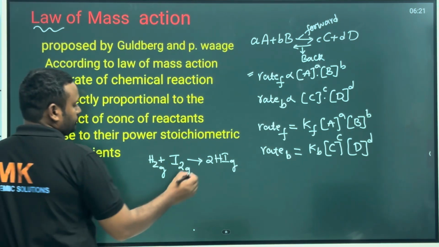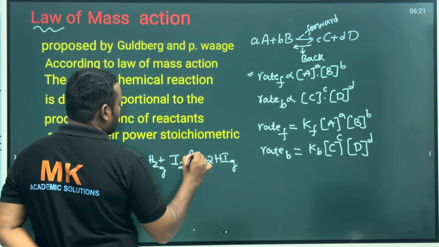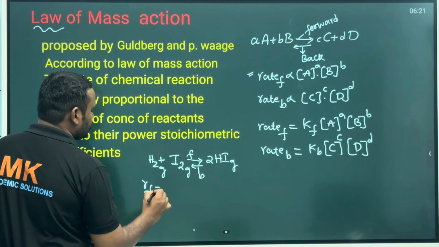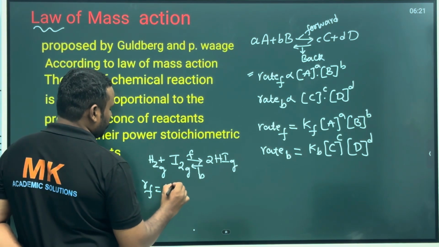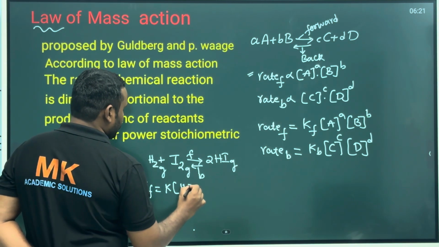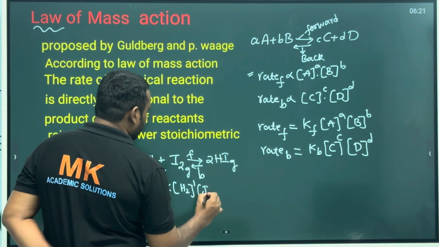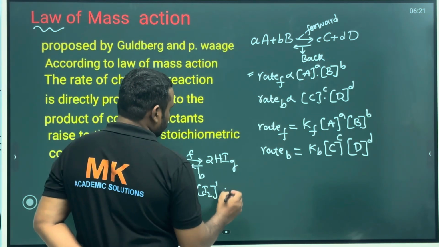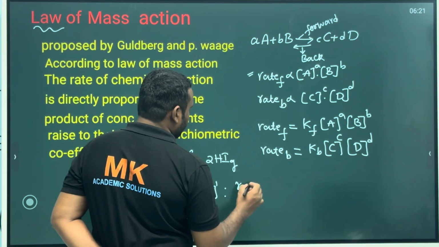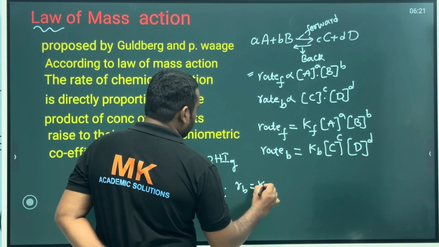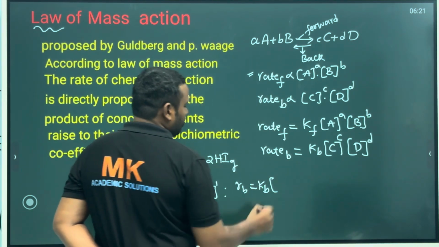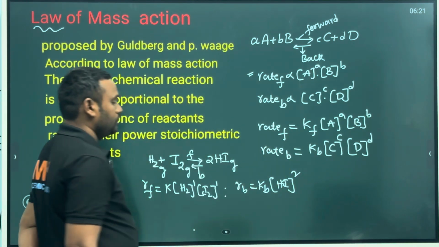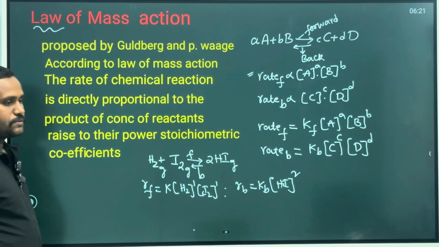For the forward reaction, the rate of the forward reaction is equal to Kf into H2 gas power 1, I2 gas power 1. For the backward reaction, the rate of the backward reaction is equal to Kb into HI gas power 2.